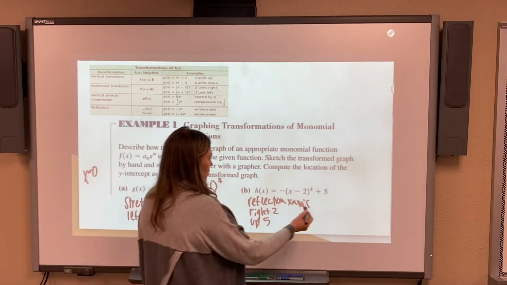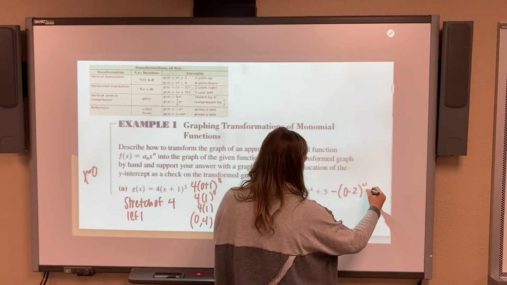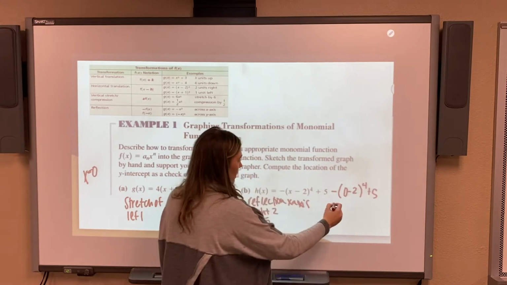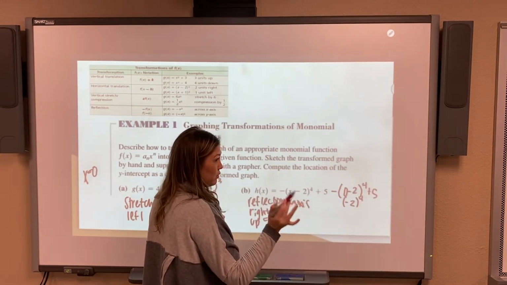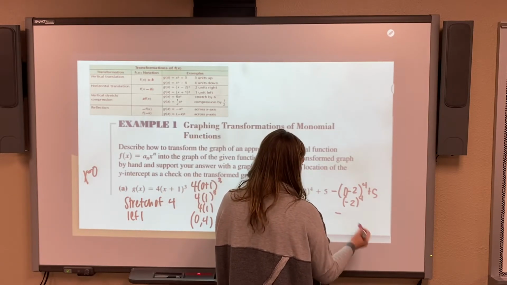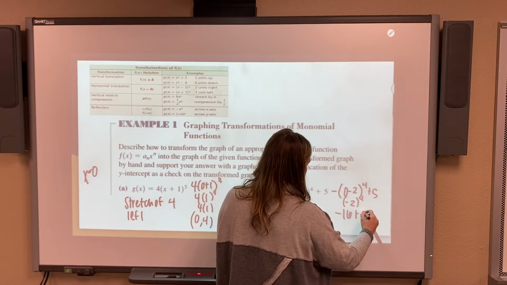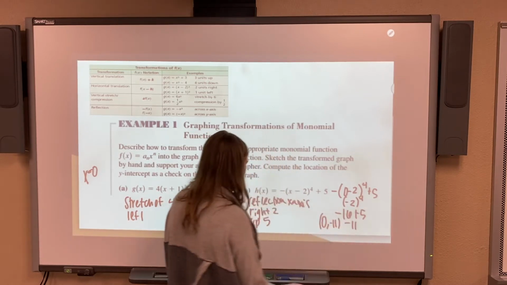Okay, here if we plug in, we have a negative, and then 0 minus 2 to the 4th plus 5. So 0 minus 2 is a negative 2 to the 4th power, so that would be 4 times 16, which is a positive 16, but we have a negative, and then plus 5, so it would be negative 11. So that would be 0, negative 11 for your y-intercept there.